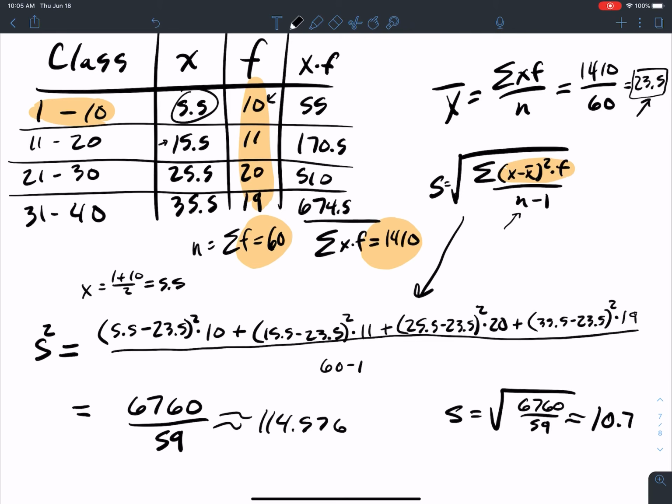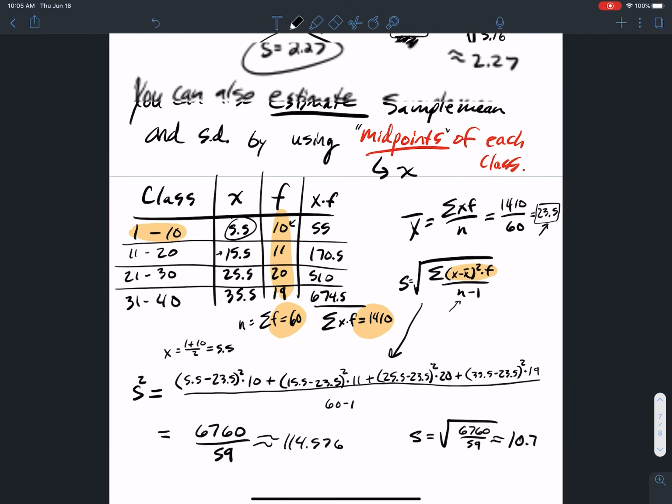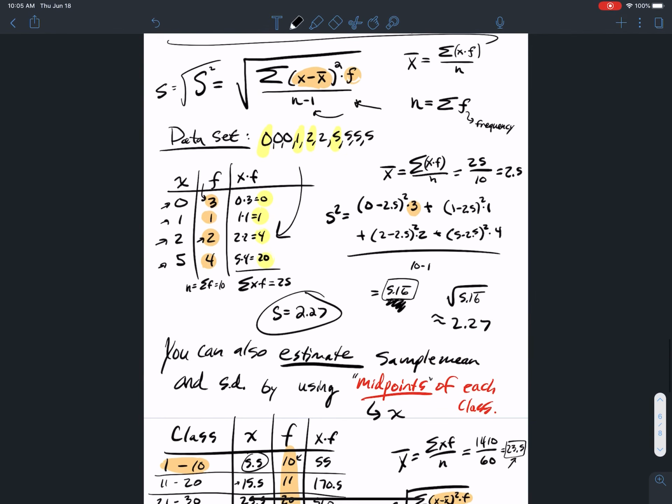Okay? So these are faster ways to calculate the standard deviation with large data sets that often repeat in values. So what's going on right here? When you have data sets where lots of numbers repeat, maybe it's better to set up a frequency table.